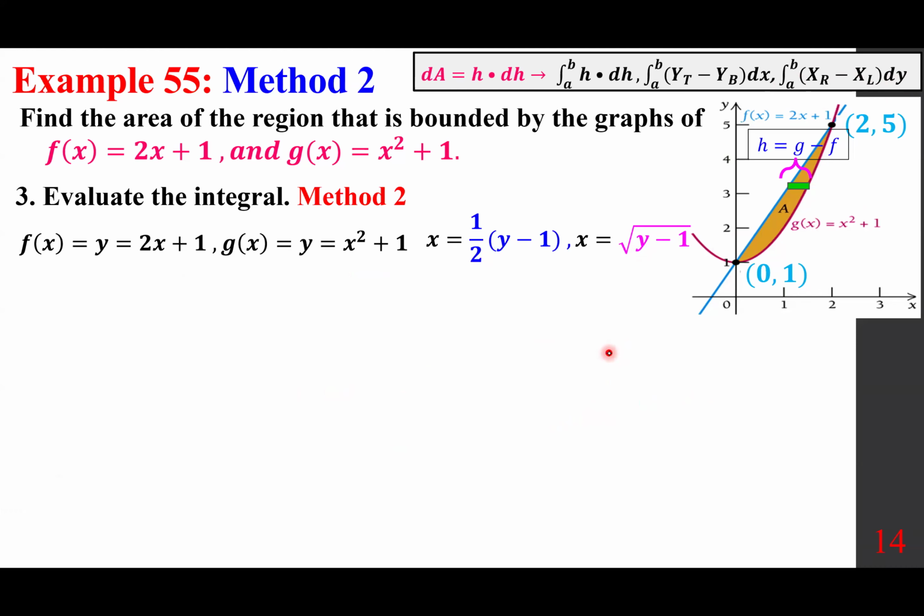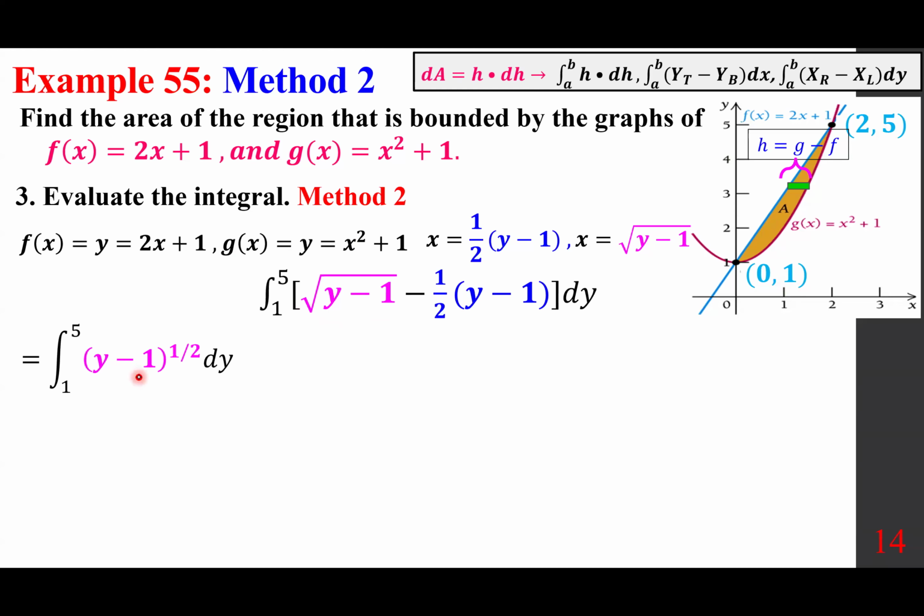And now, because it's dy, you're going to go with the y coordinates. The first y coordinate is 1. The second one is 5. So from 1 to 5. And now I want to evaluate this, because this actually requires substitution. Let's quickly separate them. So just concentrate on this one.